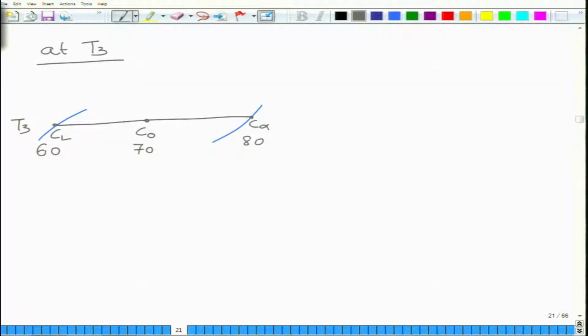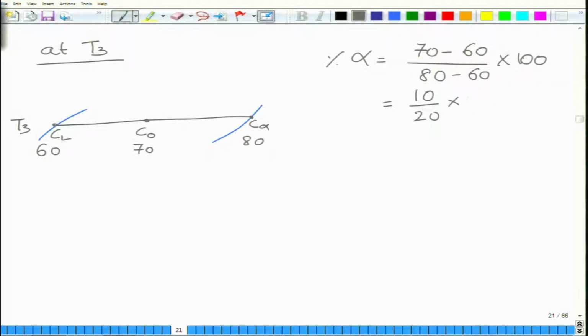Okay. So, if this is 60, 70, 80, then percentage alpha in this case is 70 minus 60 divided by 20, into 100. Percentage solid, as alpha is same as solid, so pardon me for swapping alpha with solid. So, this is 10 divided by 20 into 100, so it's 50%, and as a result percentage liquid is also 50%.